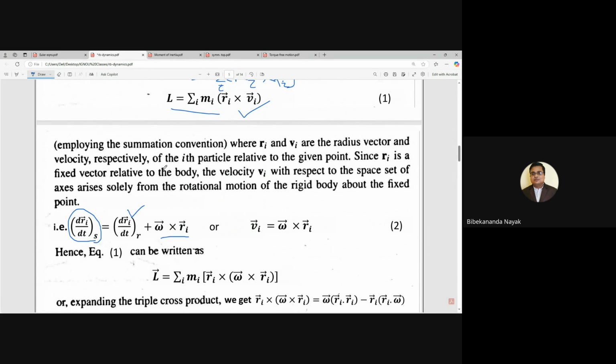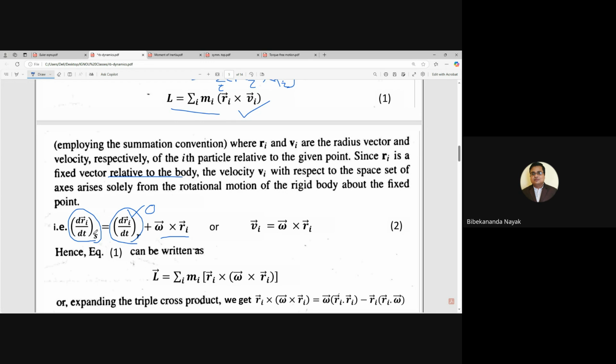Since Ri is a fixed vector related to the body, its velocity dRi by dt in the rotating body must be zero. It is constant inside the body.